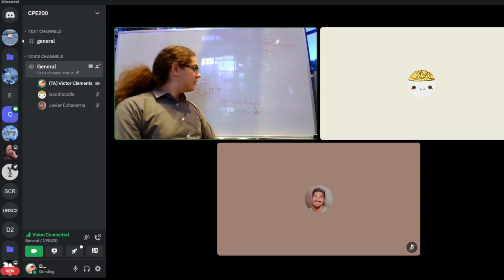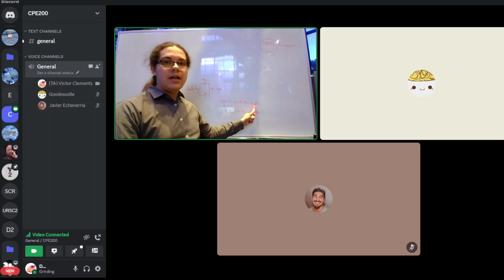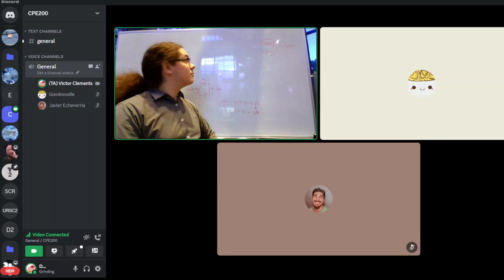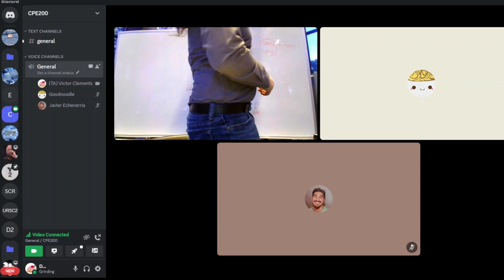010. That sounds right to me, just according to the way I've drawn this. If we follow the arrows, we go to 010. So I'll go ahead and write that in.